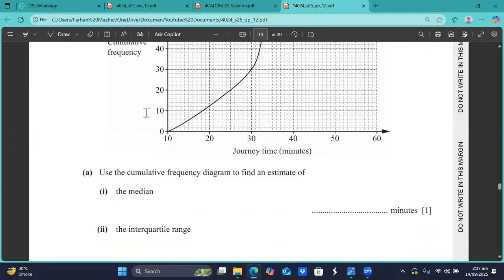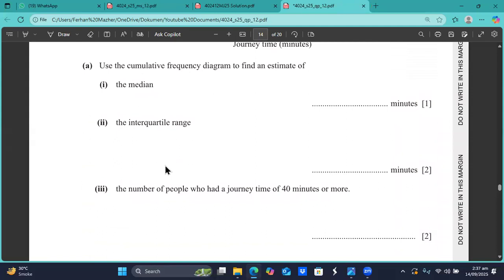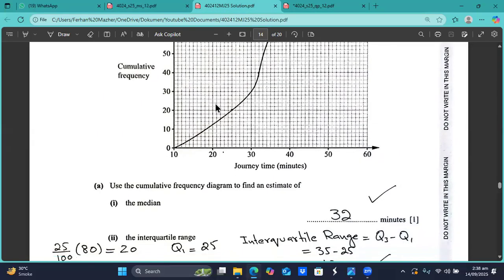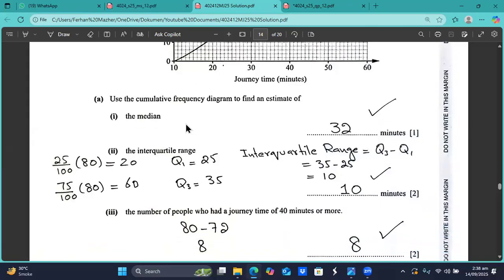Then in the B part, they say find the interquartile range. You see, the interquartile range is the third quartile minus the first quartile. The third quartile is 75% of the cumulative frequency. The first quartile is 25% of the cumulative frequency. So 25 divided by 100 times 80, that's 20.